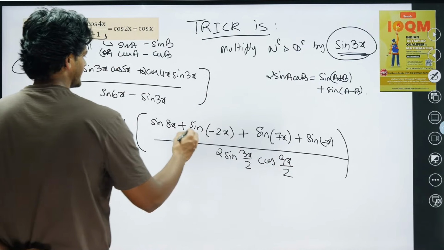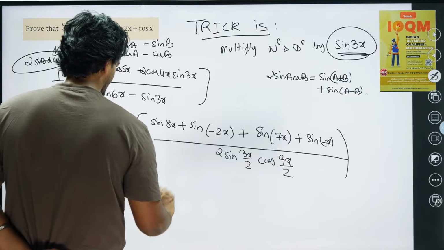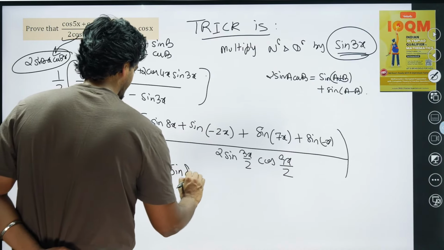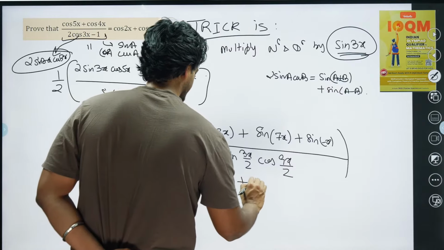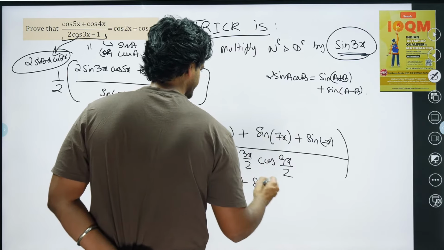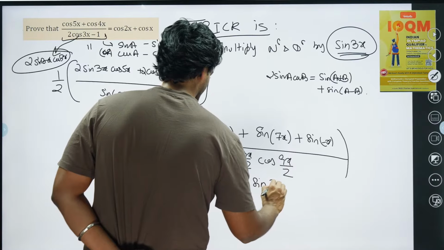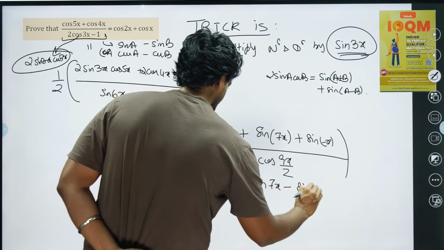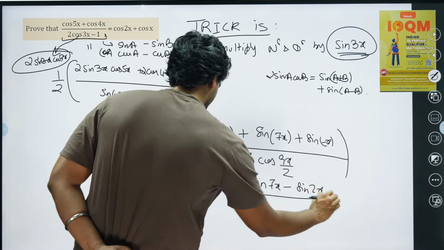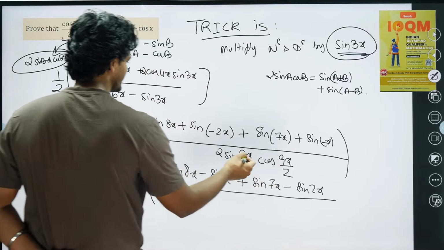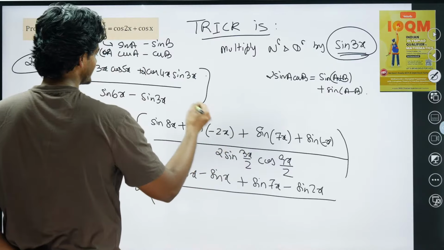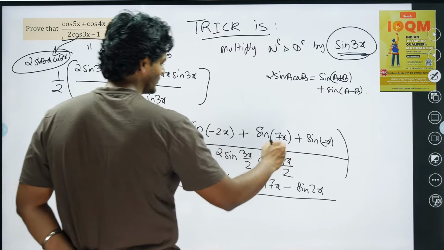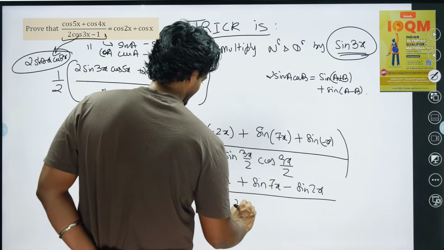Yeah, I was right. I'm actually taking sin 8x minus sin x plus sin 7x minus sin 2x. I wrote this wrong. It should be sin 3x. Yeah, no one corrected me also. It should be sin 3x by 2 cos 9x by 2.